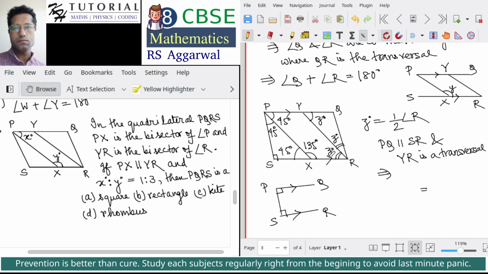PQ parallel to SR. We are having 45, 45. Z, Z, Z. Why Z?